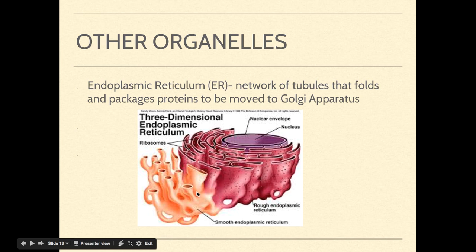There's two kinds of ER. Closer to the nucleus, you'll have the rough ER, and the reason it's called rough is because there's ribosomes attached to it. And then later, further out, you have the smooth ER, which does not have ribosomes. But again, just like the Golgi apparatus, it packages stuff and moves it within the cell.